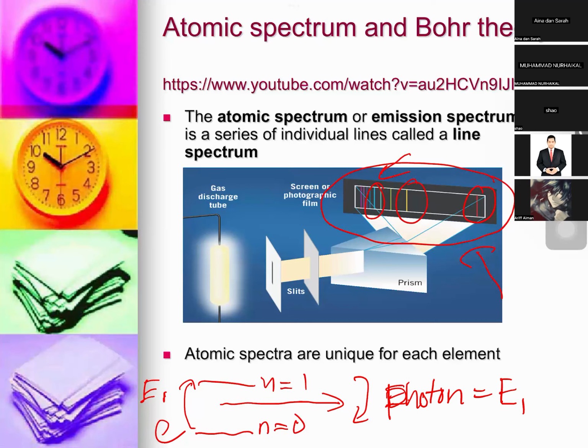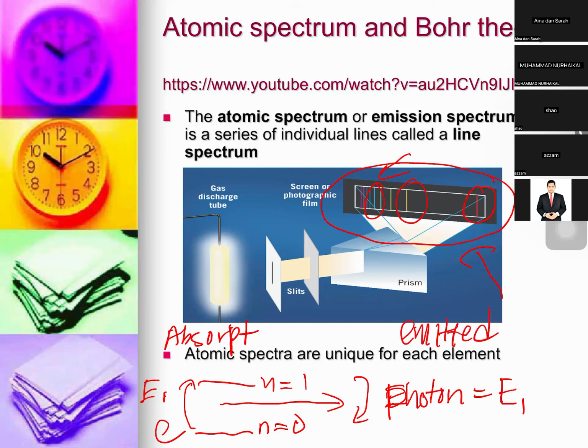So the lines here represent the energy absorbed, if it is an absorption spectrum. And it also can represent the energy emitted during this process, then you have an emission spectrum. So you can have atomic absorption spectrum, or you can have emission spectrum.